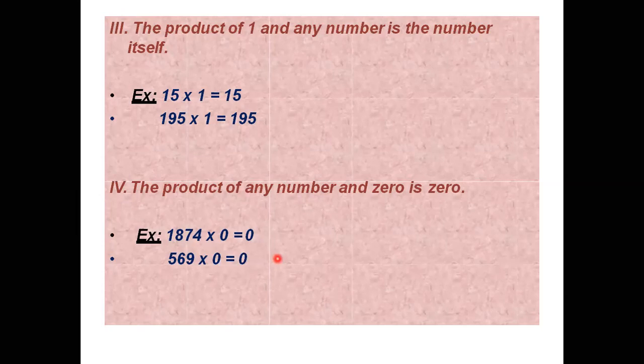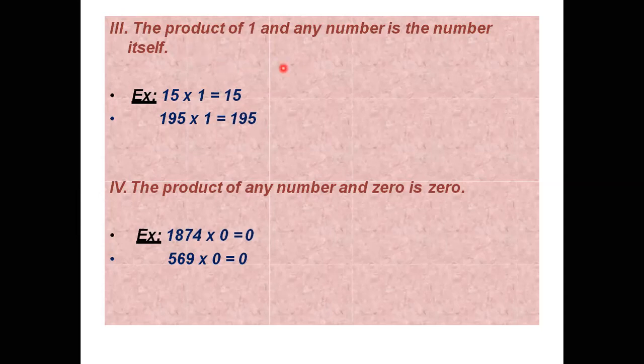The first property is, if you change the order and if you multiply also, the product is the same. Product means when you multiply two numbers, you get the answer; for this we say product. The second property is, when you regroup, if you change the order and group also, you will get the same product only.